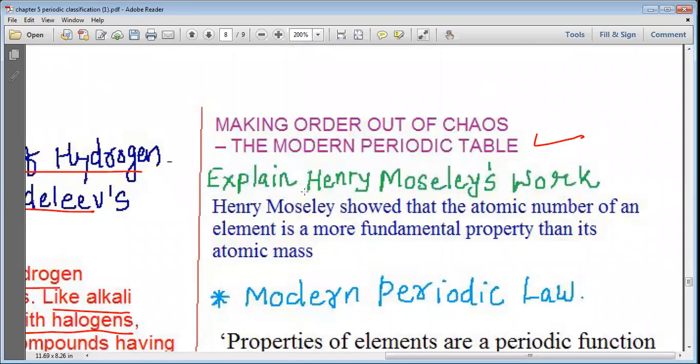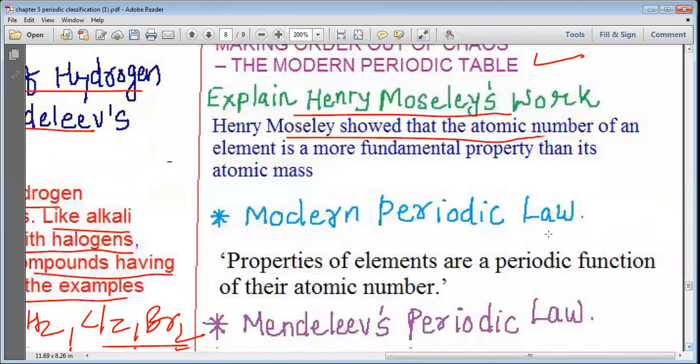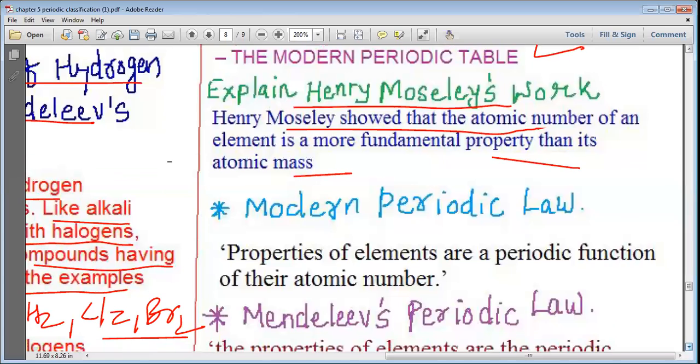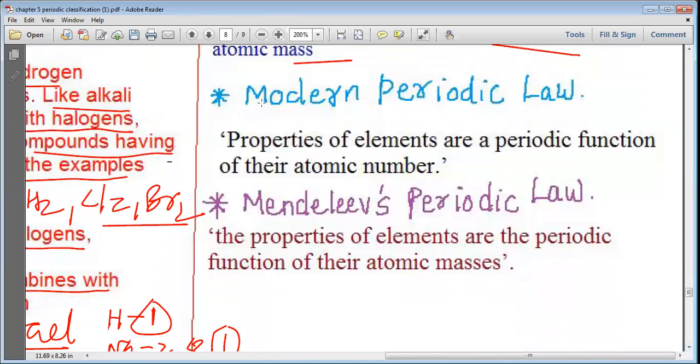Now, what was Henry Moseley's work? Henry Moseley showed that the atomic number of an element is a more fundamental property than atomic mass. On the basis of this, we derived the modern periodic law. Please learn this, it is very important. Properties of elements are the periodic function of their atomic numbers.